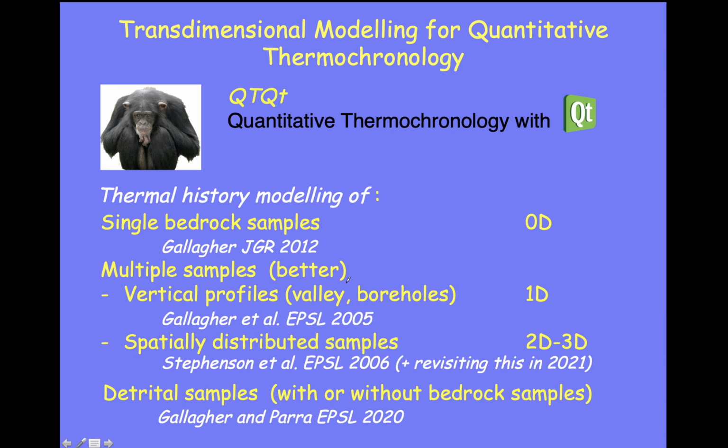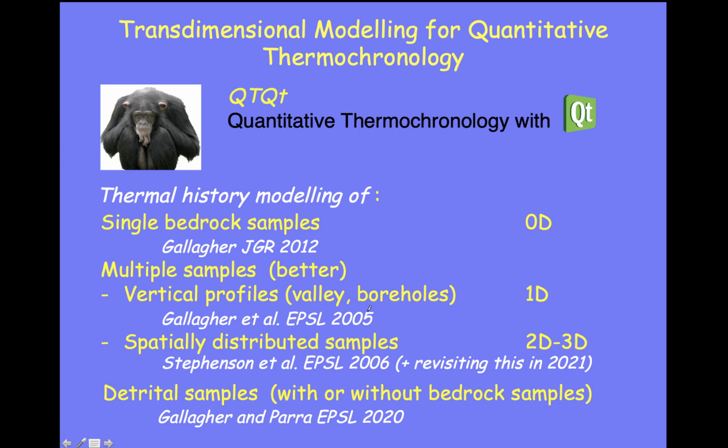So one way of dealing with multiple samples is in vertical profiles or in boreholes, where, as I've just said earlier, all the samples have experienced more or less the same form of the thermal history, just depending on where they are in the vertical profile and the borehole. The actual temperature values might be different, but the shape of the thermal history should be more or less the same.